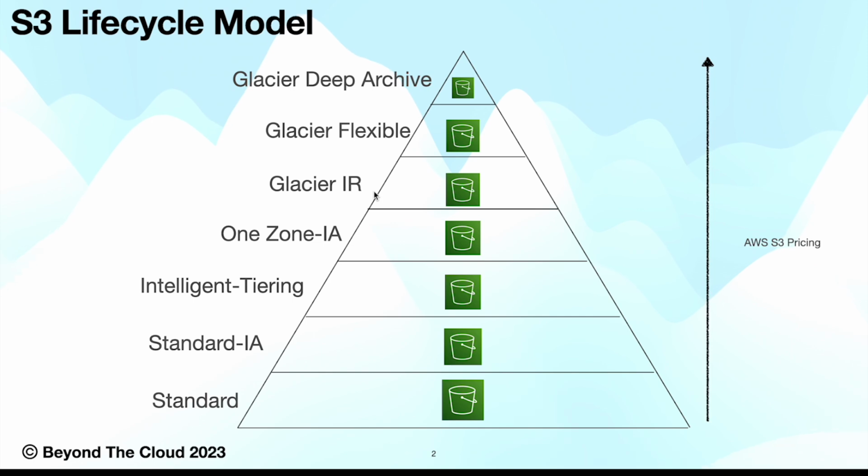That means we can delete the data entirely after 365 days. There is no need to move the data one by one. Rather, we can delete it if it is not important. So this is how we can do it.